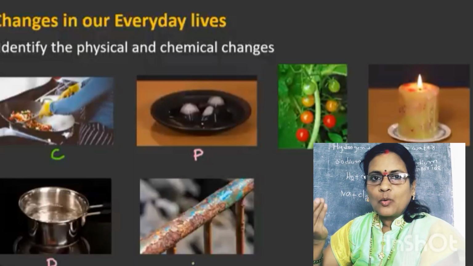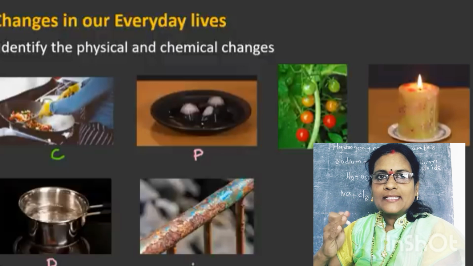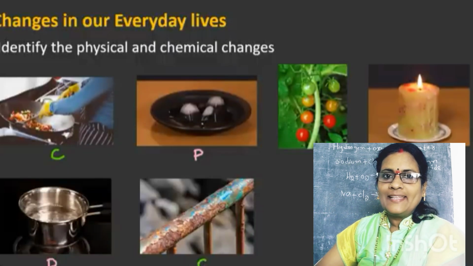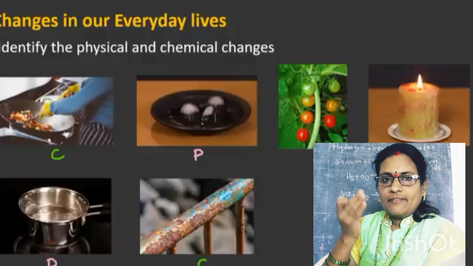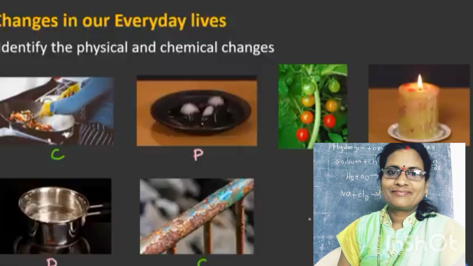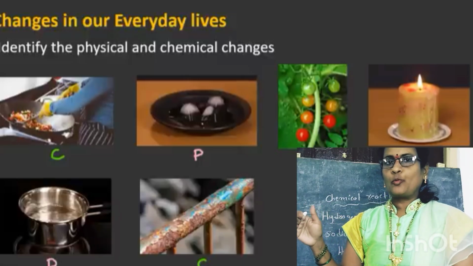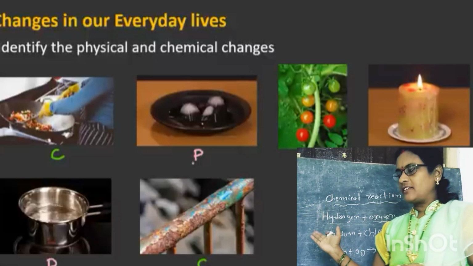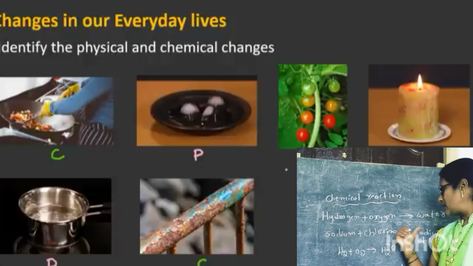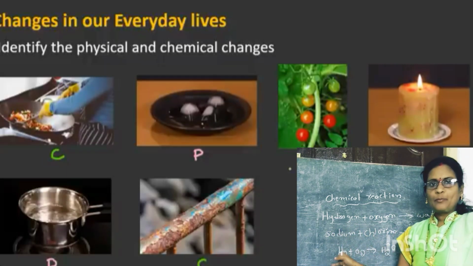Now, let's take a look at the picture below here. So, can you tell the boiling of water, is that a physical change or chemical change? Yes, it's again a physical change because water changes into steam. Now, let's look at the next picture here.